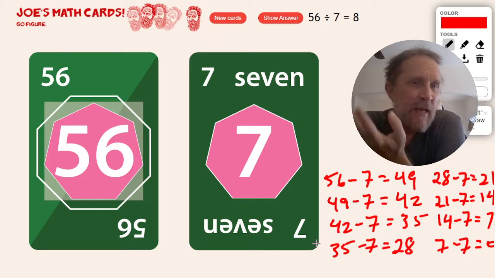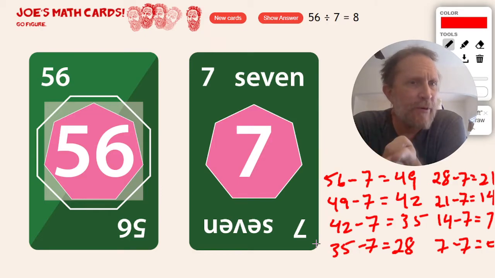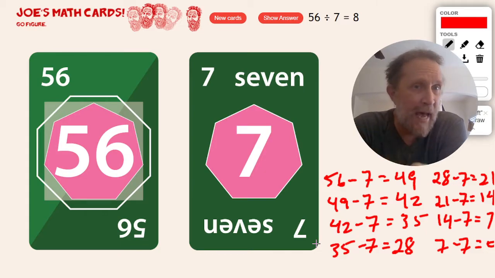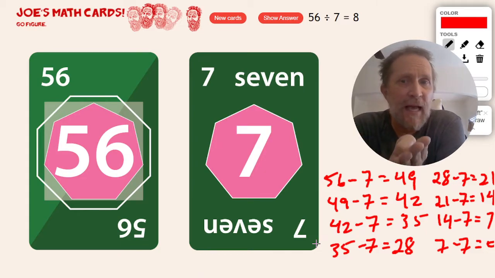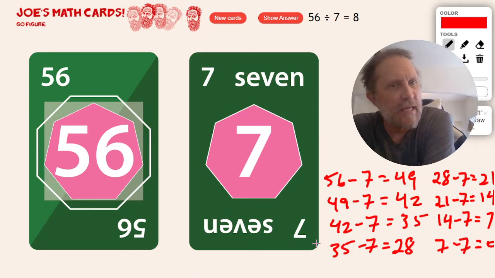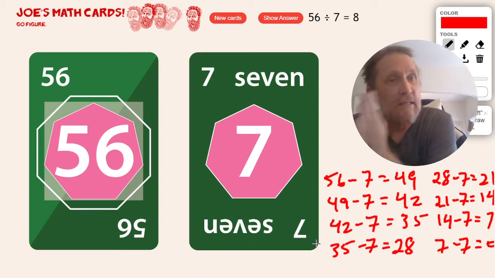This is just like if I'm thinking of 10 minus 3. I'm thinking, what do I need to add to 3 to get to 10, right? So a lot of times, instead of doing subtraction, what I'll do is adding. And that's what I'm doing when I'm thinking, how many 7s can I add up and stay under 56? Because remember, multiplication is repeatedly adding. So you're thinking, what can I multiply times 7 and stay under 56?